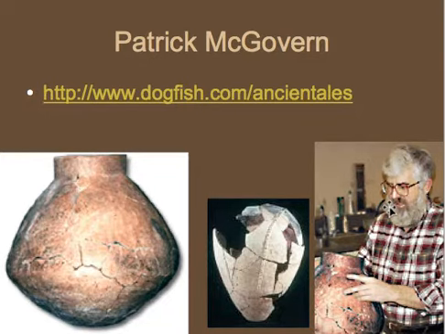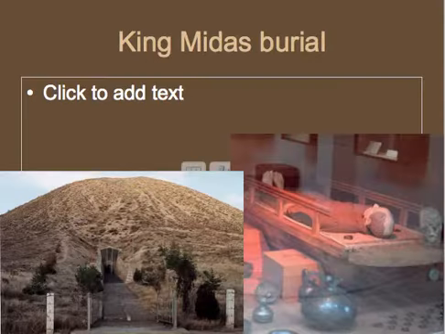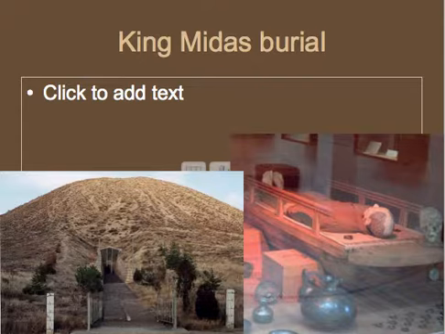And he's also worked with, you can see, the Dogfish Head Brewing Company, and they've reconstructed some ancient beers and ancient wines and things like that. One of the most notable, and you can buy this beer locally, is called the Midas Touch, and it's a recreation of the beer that was in King Midas's tomb, which you can see here in Turkey.